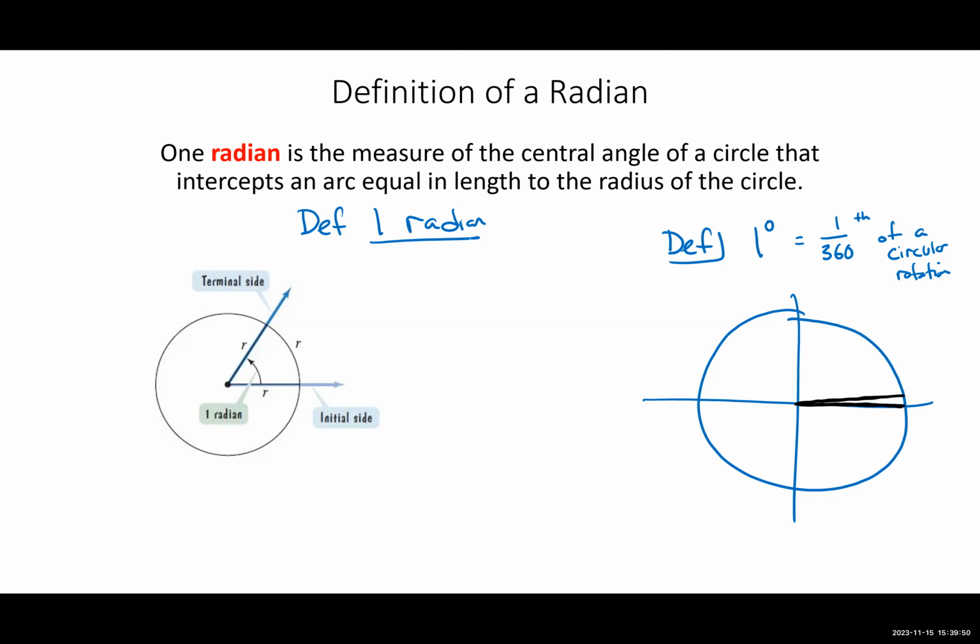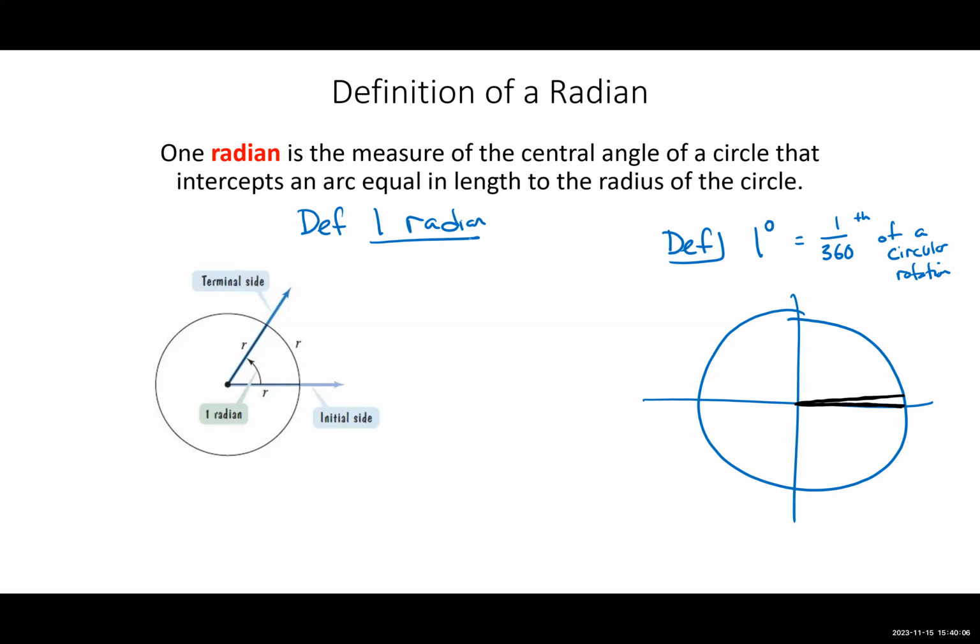Pounds and ounces is one unit of weight. Grams and kilograms is another unit of weight. So this is the same thing.